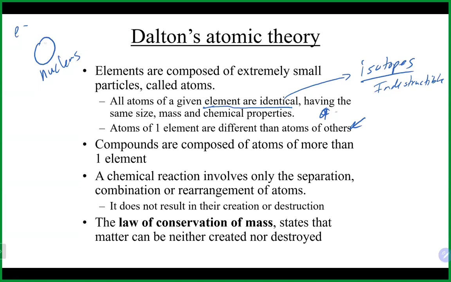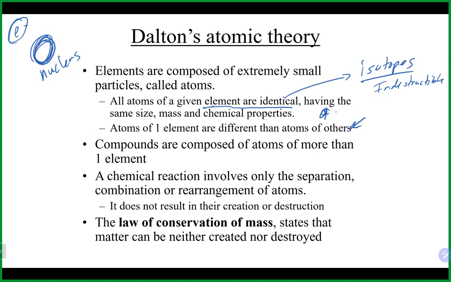So what really determines what the atom is is everything inside the nucleus. And in a normal chemical reaction, the only thing that participates are the electrons on the outside, which have really no bearing on what element it is. So in a normal chemical reaction, all we're doing is playing with the electrons, breaking those bonds and making new bonds. The core of what those elements are basically remains the same.